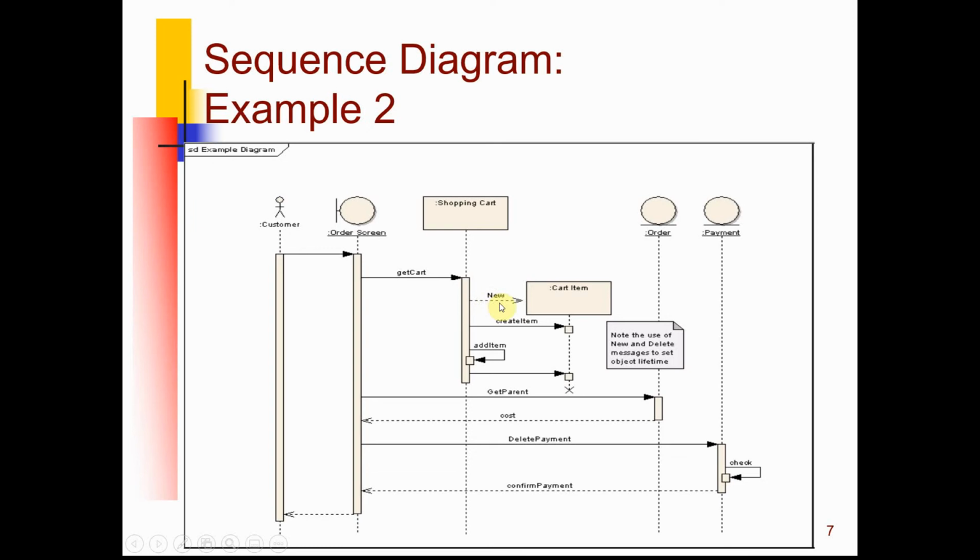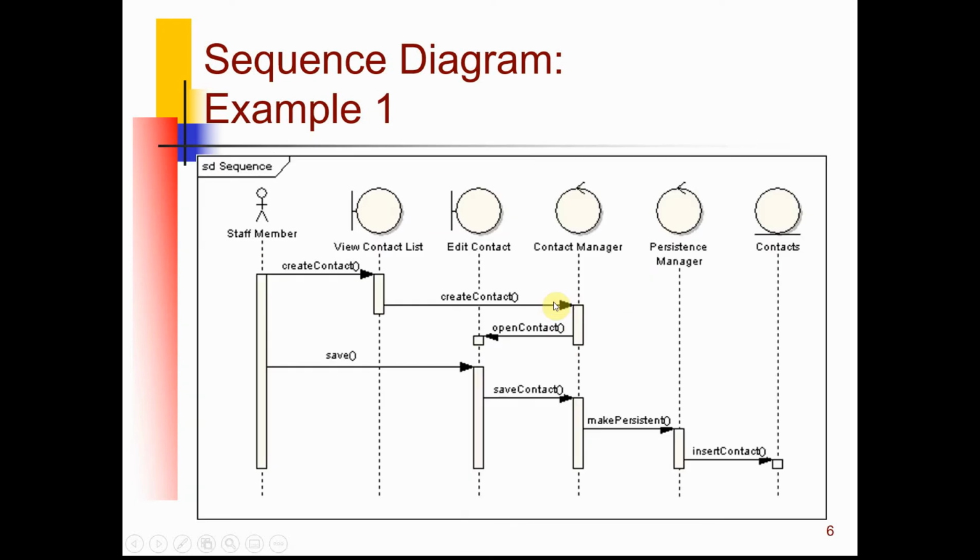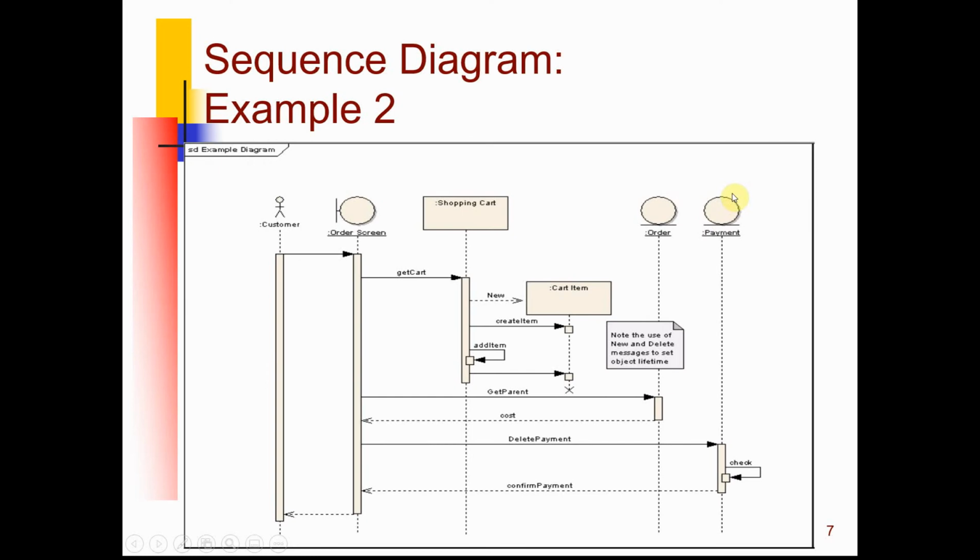You can imagine that when you create a new object, you can translate this into code as a new object, and you can also destroy the object. So here we have two typical examples, one involving the data, and the other involving data and showing the new object and the destruction of the object as well.